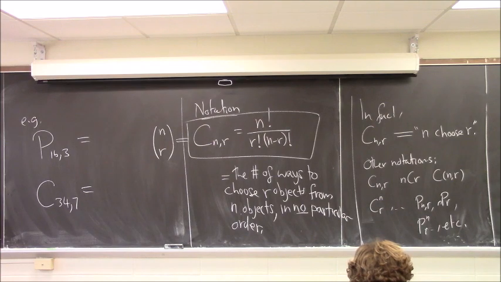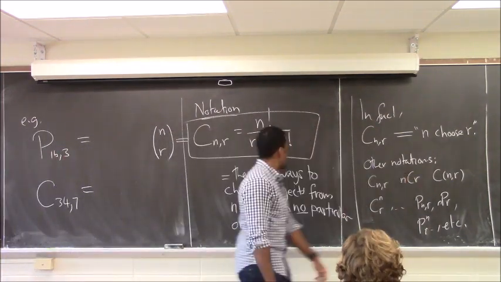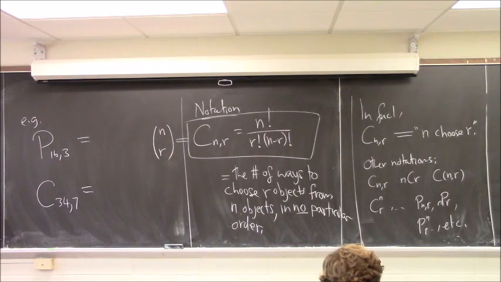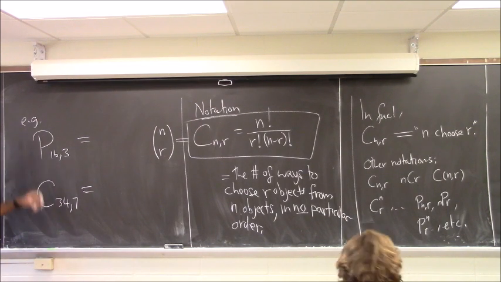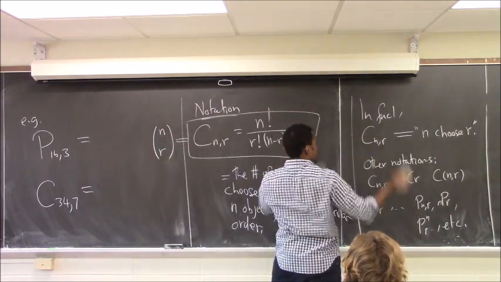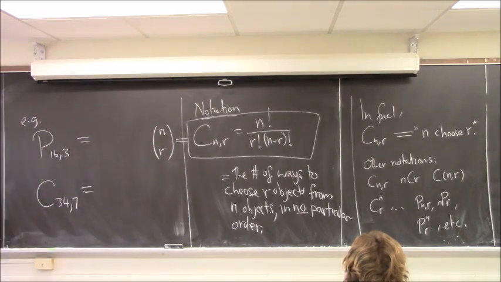And if you're on Wolfram Alpha, you can actually type in this thing and it'll know what you're talking about. In case you're on a physical laptop, you can type in the parentheses thing. You can even type out the words n choose r. You can type out 34 choose 7 without the quotations, and Wolfram Alpha will know what you're talking about. So that's also nice.